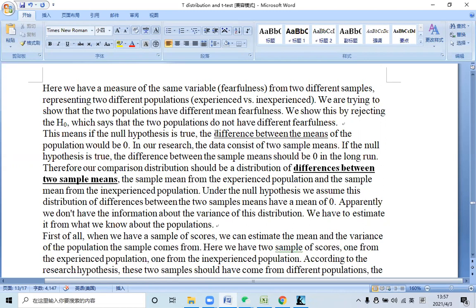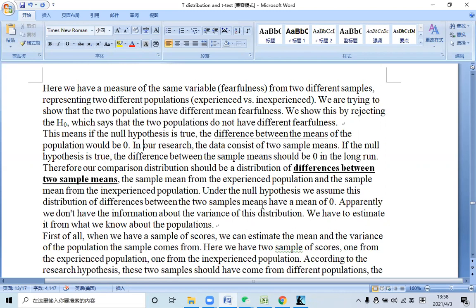And suppose the null hypothesis is true, the difference between the two populations would be 0. Two populations would not be having any differences in fearfulness. They have a 0 difference according to the null hypothesis.